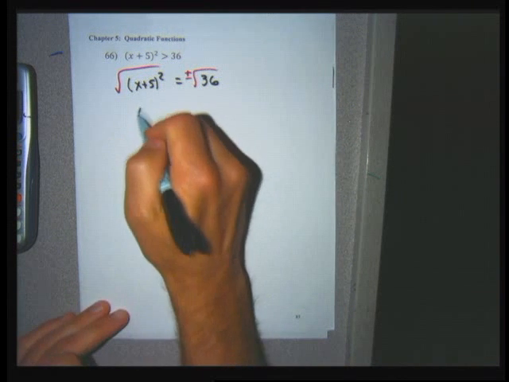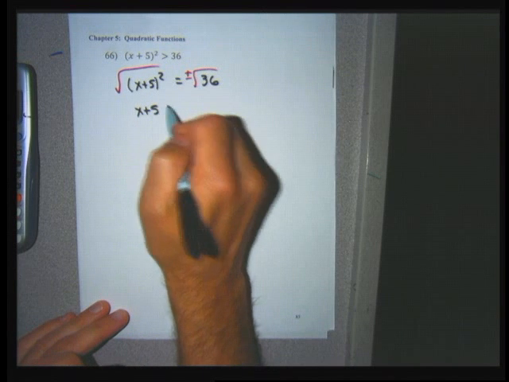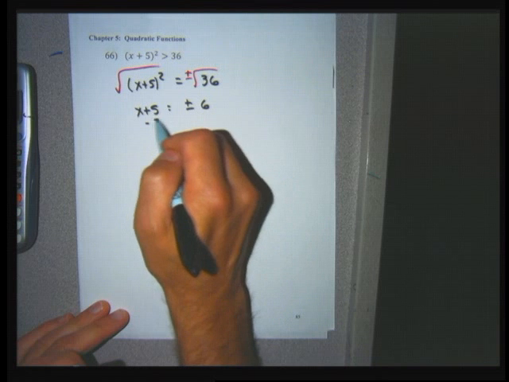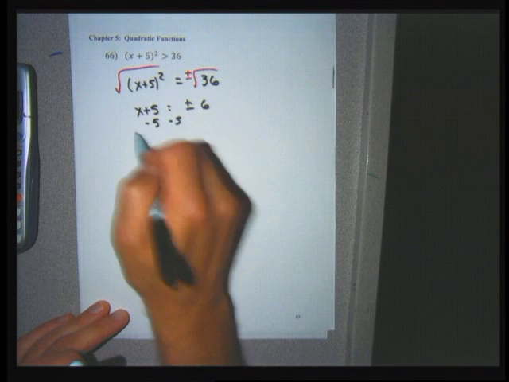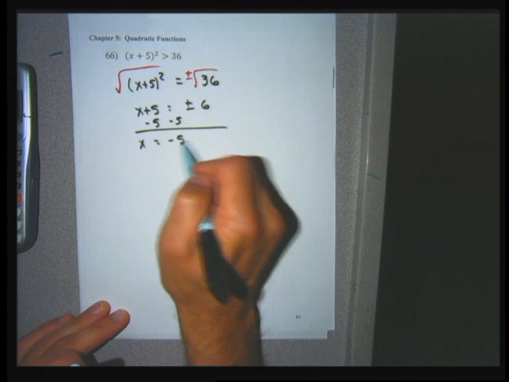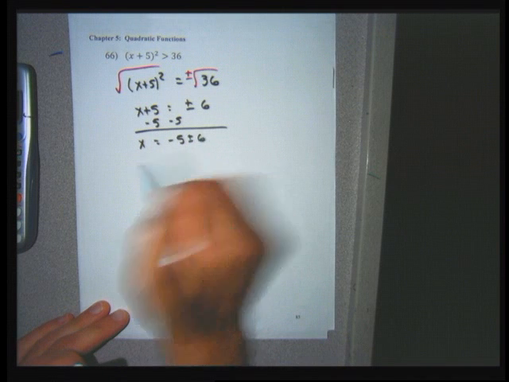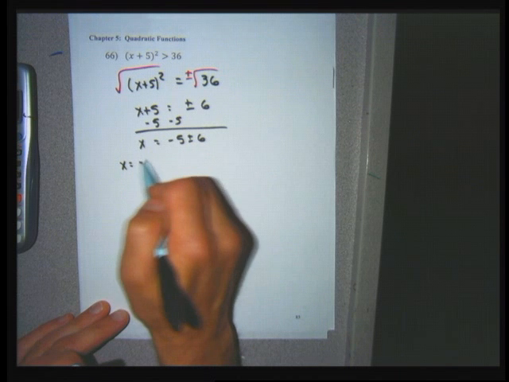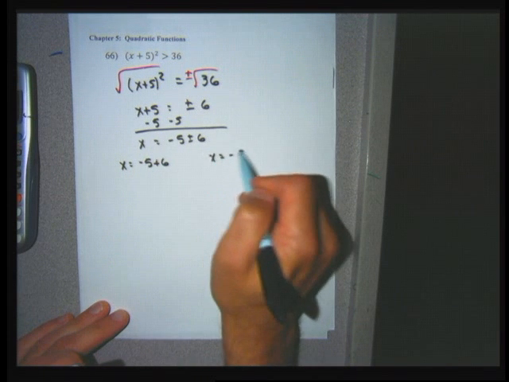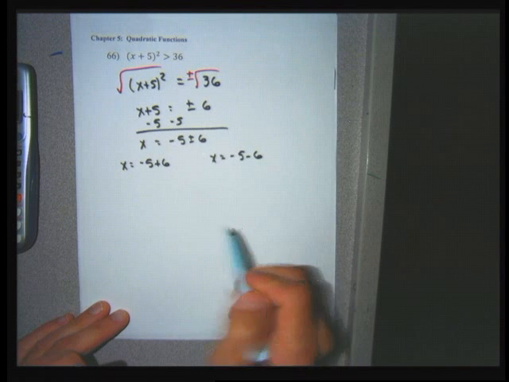This is going to give me x plus 5 equals plus or minus 6. I'm going to minus 5 from both sides and get x equals negative 5 plus or minus 6. It gives me x equals negative 5 plus 6, and x equals negative 5 minus 6.